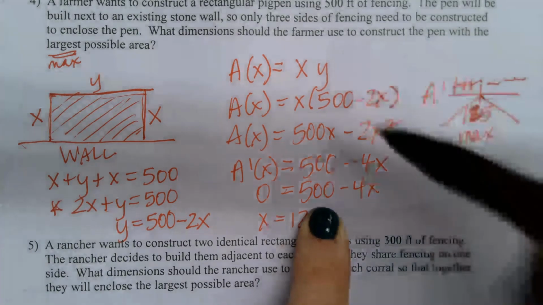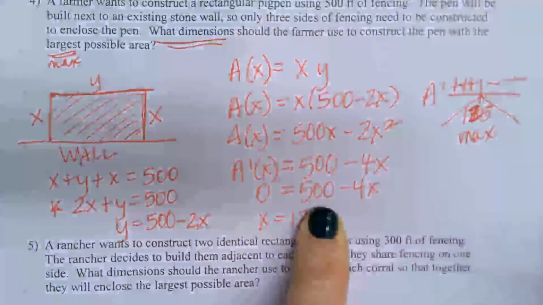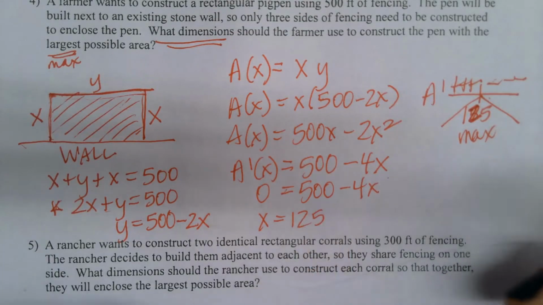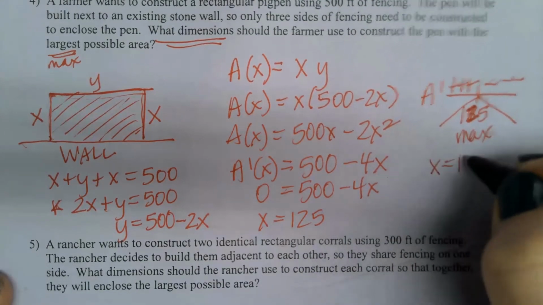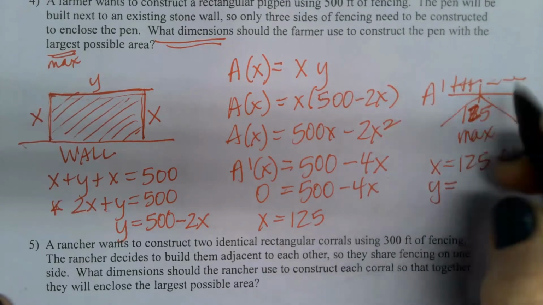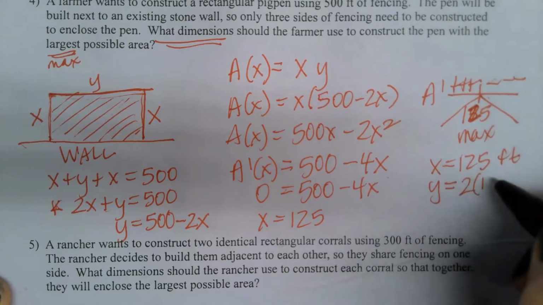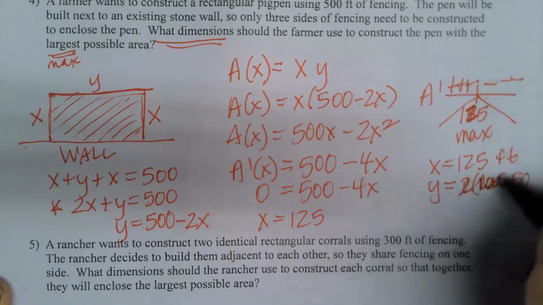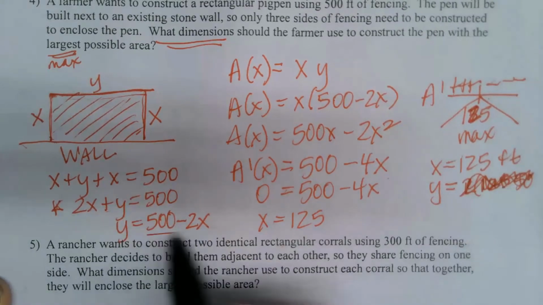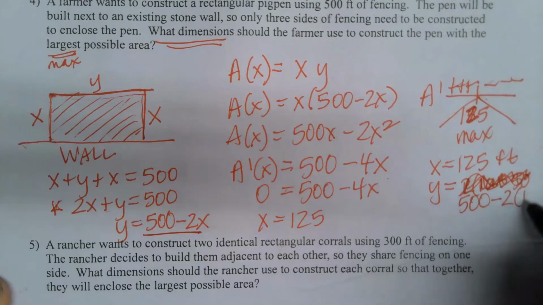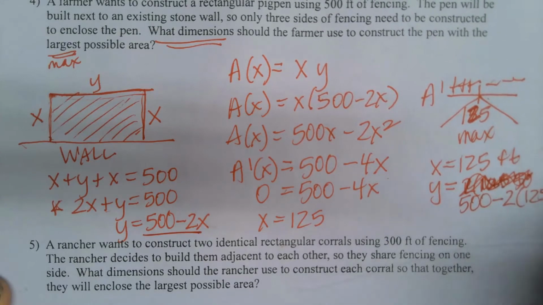So my question that I'm answering here is, what dimensions should I use? And so what dimensions should the farmer use? Well, x is 125, in this case, feet. And y is 500 minus 2 times 125, and so that ends up being 250.